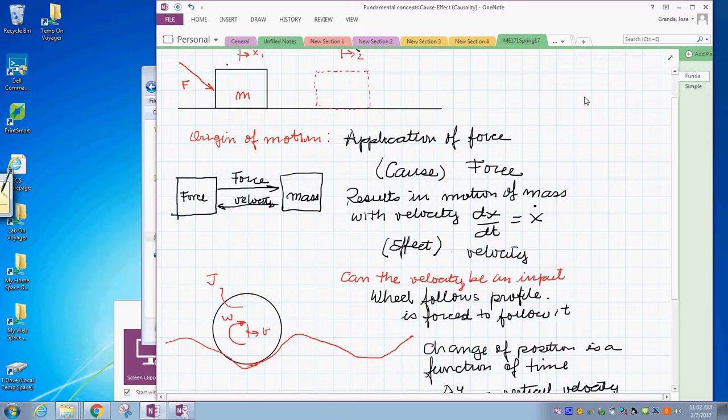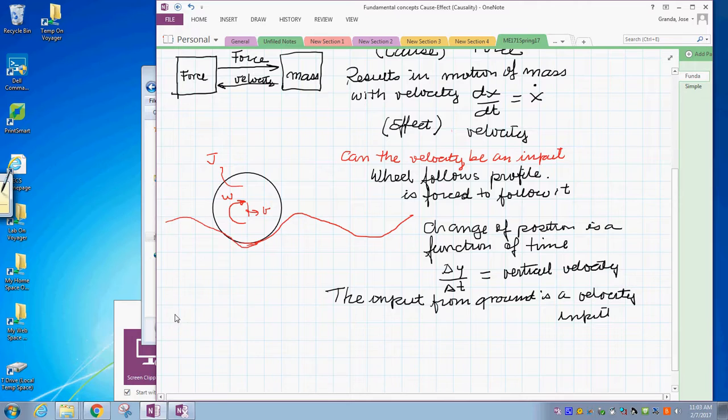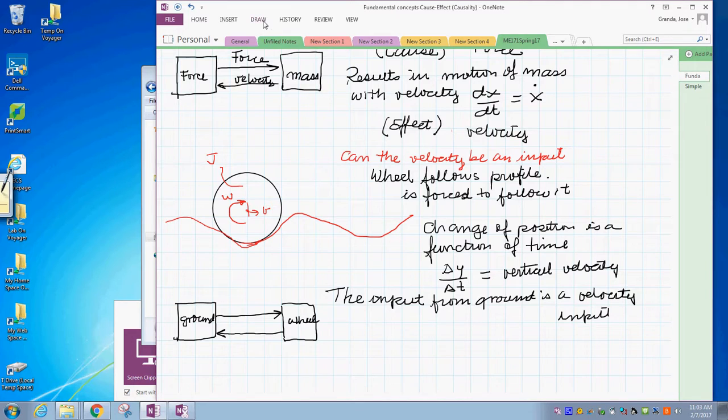Okay. In this other case that we have on the wheel case, if we do the same thing, you could say this is the ground, which is forcing the wheel to follow a certain profile. In this particular case, ground, and then put wheel here. And the wheel responds. So the input for this is a velocity input.